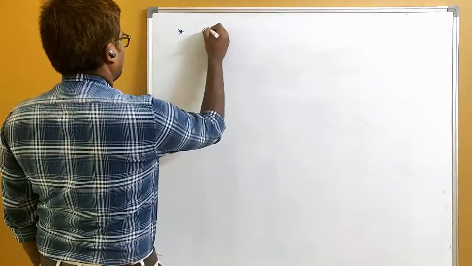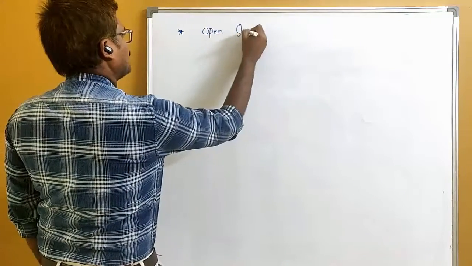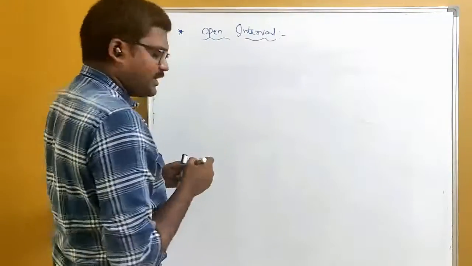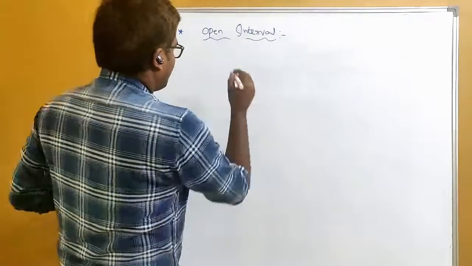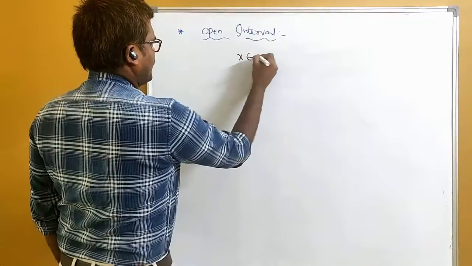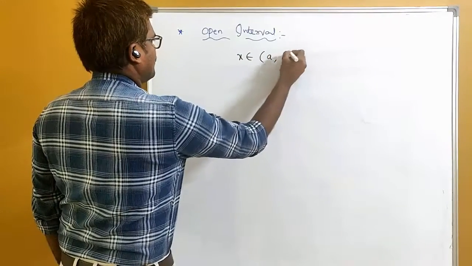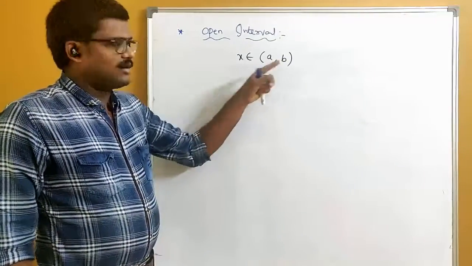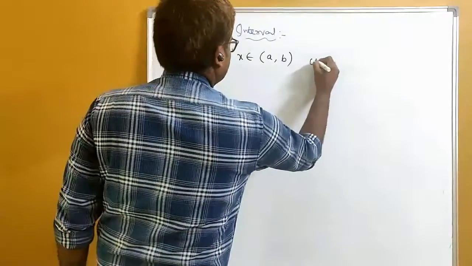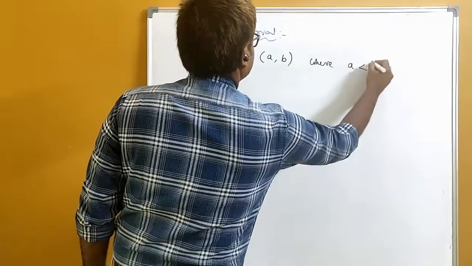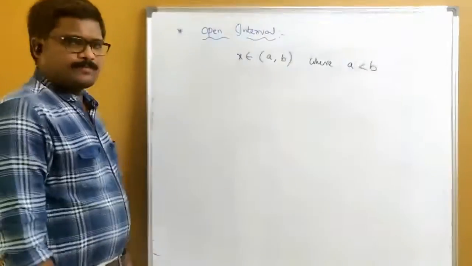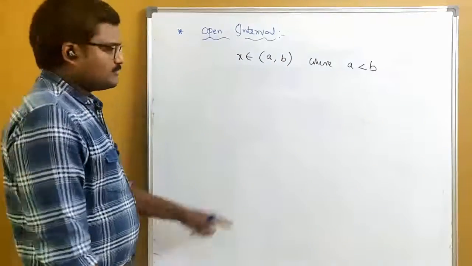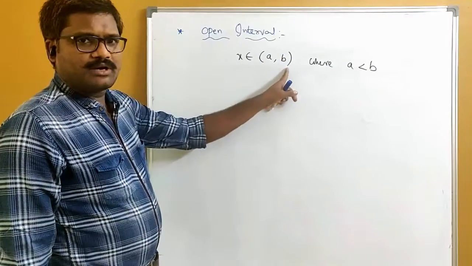First one, open interval. When I write a variable x belongs to (a, b), using normal brackets, parentheses, with a comma, of course a is less than b, this is called an open interval.